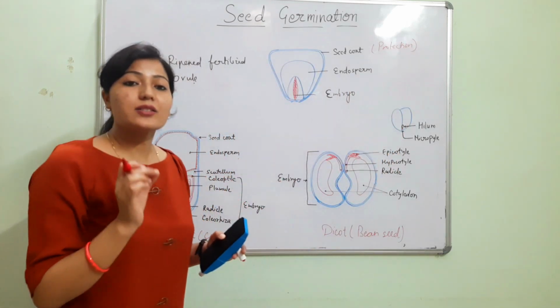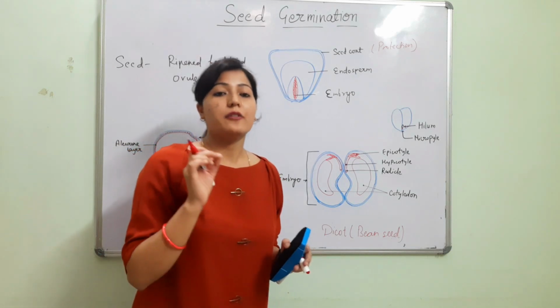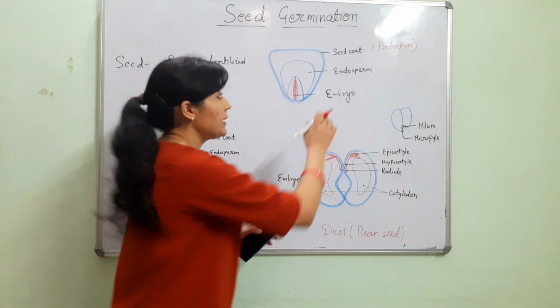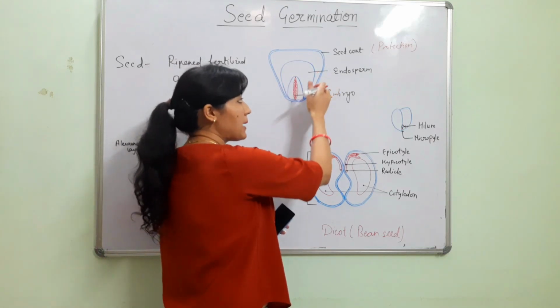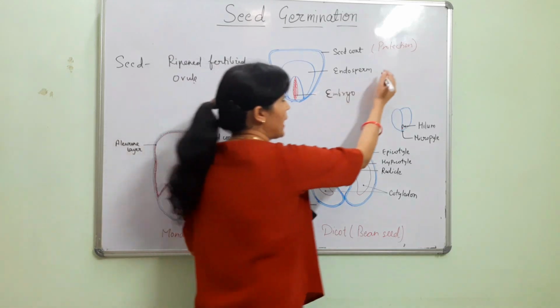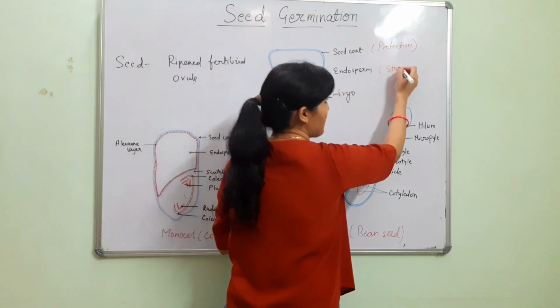Endosperm is a storage material which stores food material like fat, protein, and carbohydrate, and the endosperm supplies nutrition to the embryo for its growth and development. So the endosperm is a storage part.